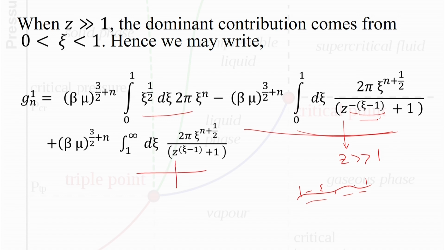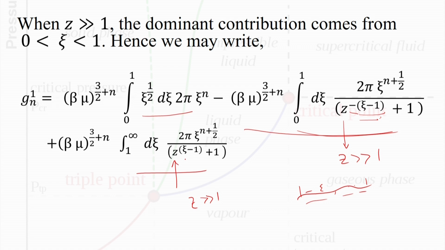Here also you can see that z is much larger than 1 always. In this example, I am taking the other extreme limit. I have already studied the z small limit, so I am now taking the z large limit.